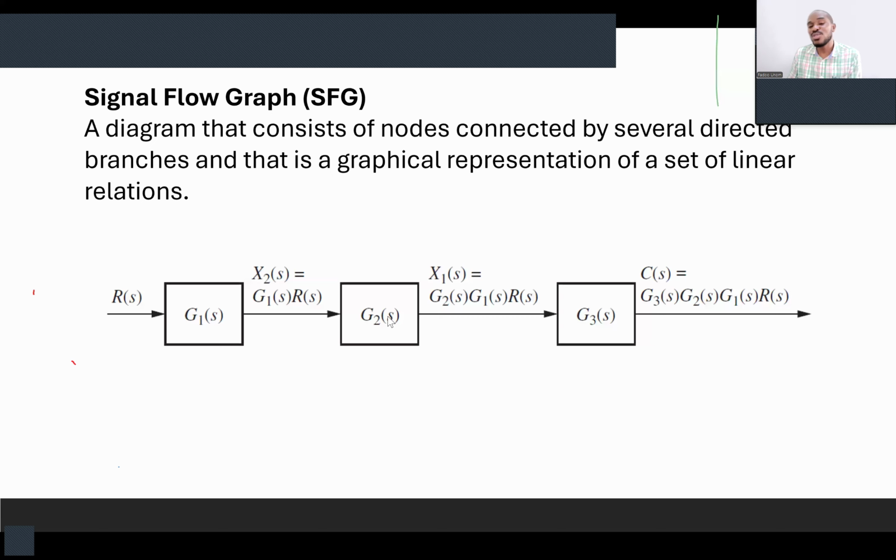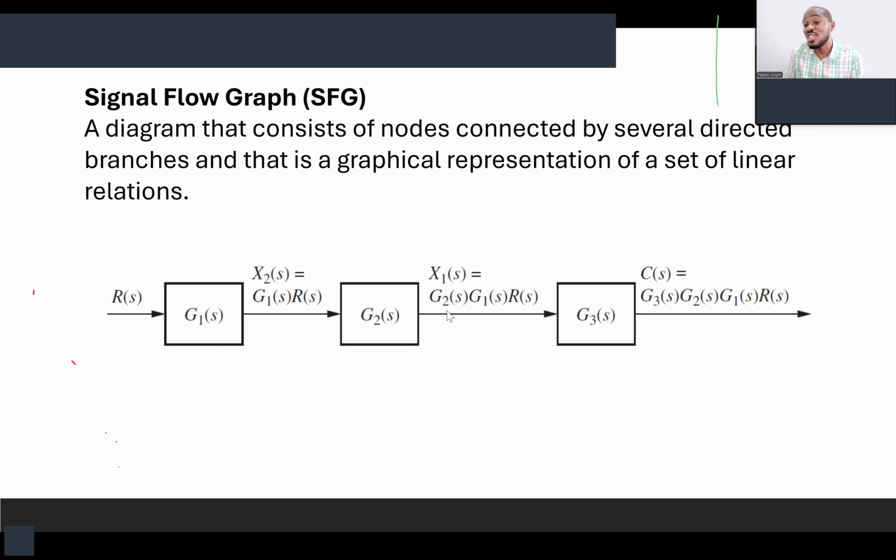When it gets to your controller, if this is the controller, your G2 of S will work on what is coming in. So what is going out of this guy, which we have called X1 of S, is a product of its transfer function and what is coming in. For him, what is coming into him is G1 of S, R of S. So you multiply that.